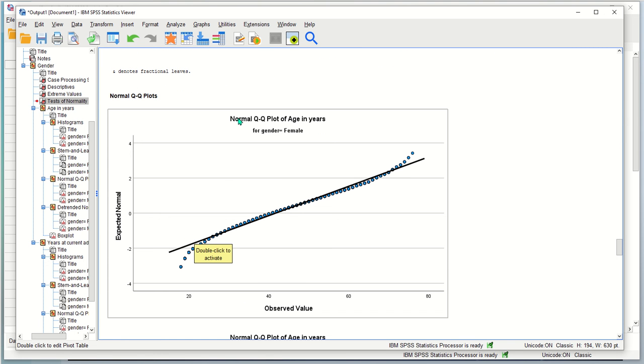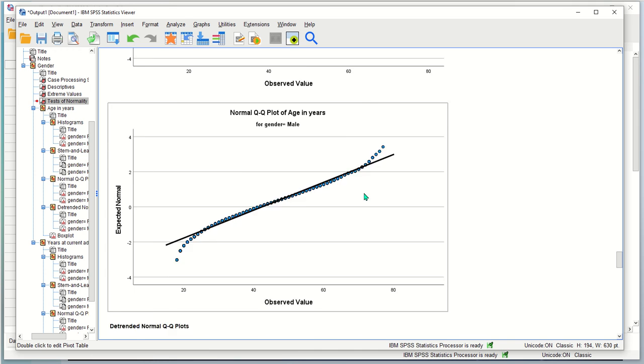And these normality plots, these QQ plots, quantile plots, are similar to PP plots. And you can see it's normal. It follows the line pretty much in the middle. But towards the upper end and lower end, there are some outlying cases. Same with the males.